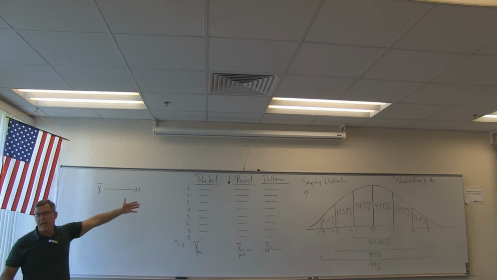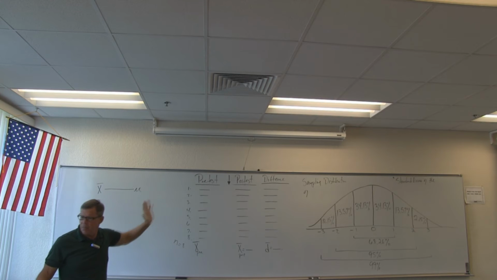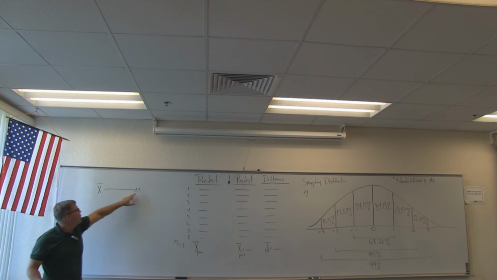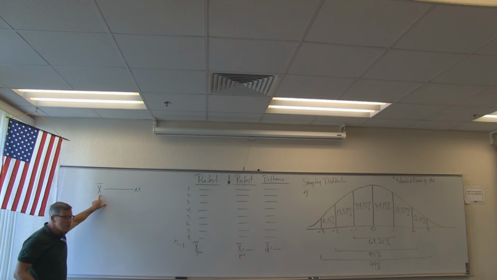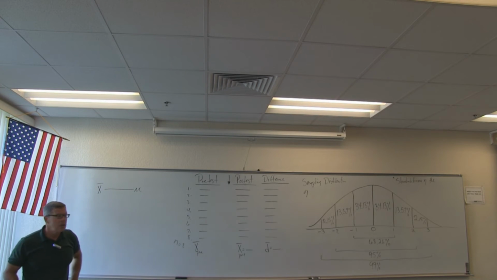If it falls in the tails, the distance from mu is large enough to be deemed significant. Remember all that stuff? What I was doing was equating x bar to mu. Where does this individual sample mean fall in relation to mu? That's what we were doing.